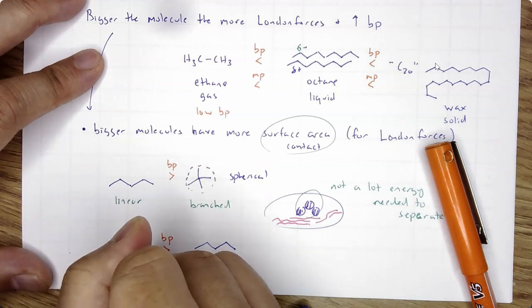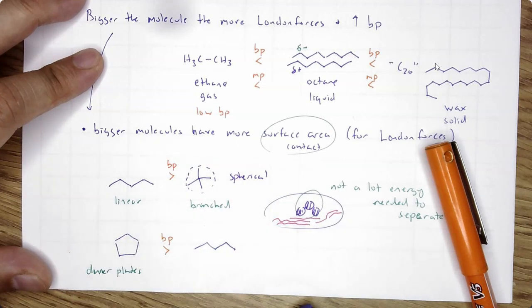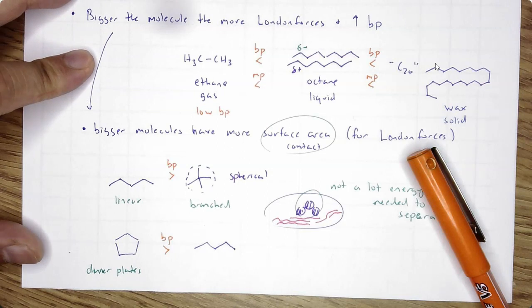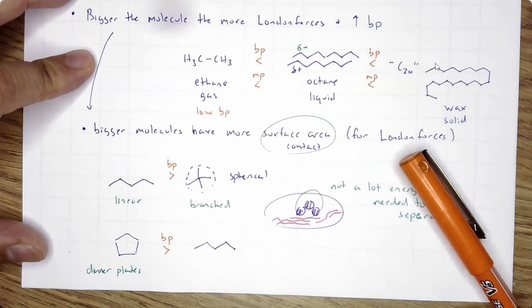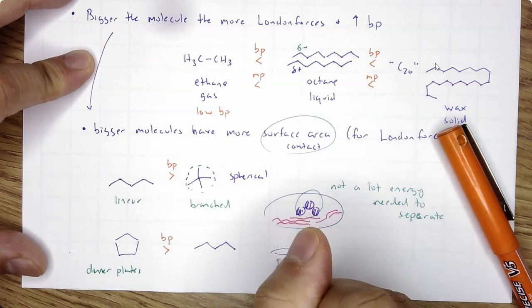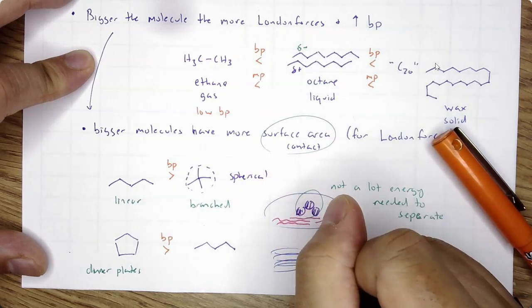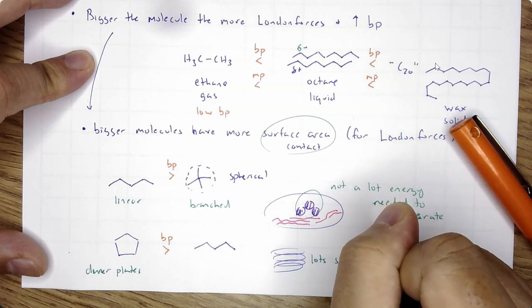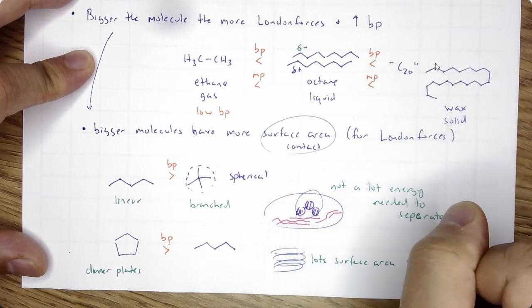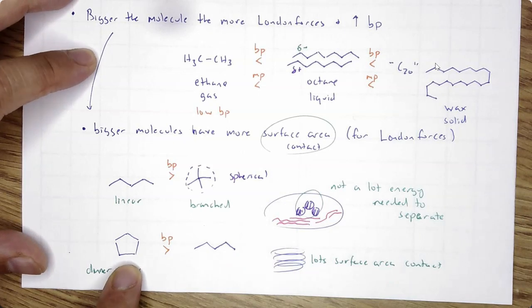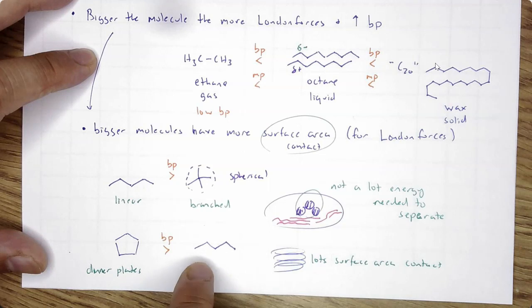And we still have spaghetti. But, you know, dinner plates can stack. Dinner plates can be on top of each other. And there's a lot of surface area contact. And that's why cyclic molecules have a higher boiling point than linear molecules that have the same number of carbons.